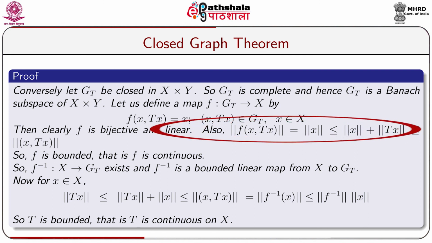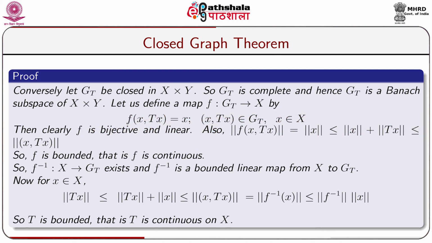Also, norm of f of the pair (x, Tx) is equal to norm of x by the definition of f, which is less or equal to norm x plus norm Tx, because norm of Tx is always greater or equal to 0. So norm of x plus norm of Tx is less or equal to norm of the pair (x, Tx).